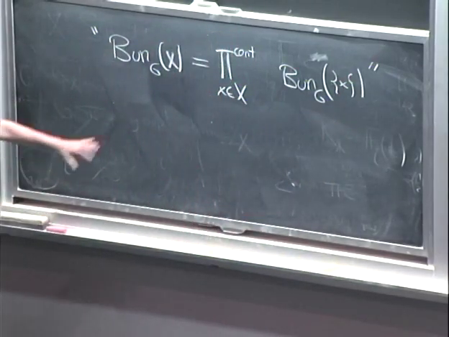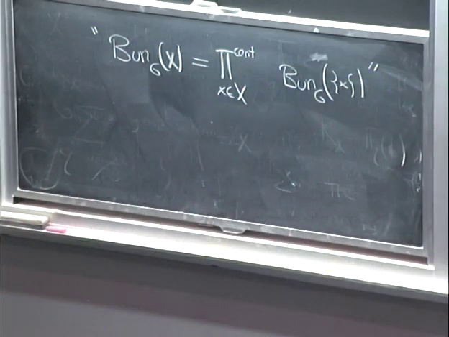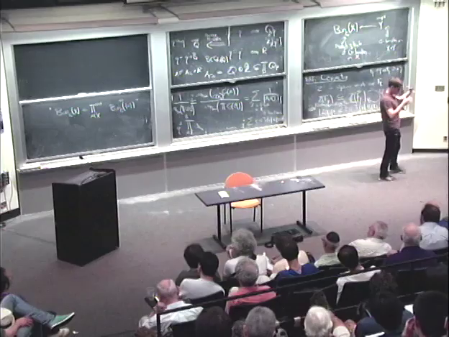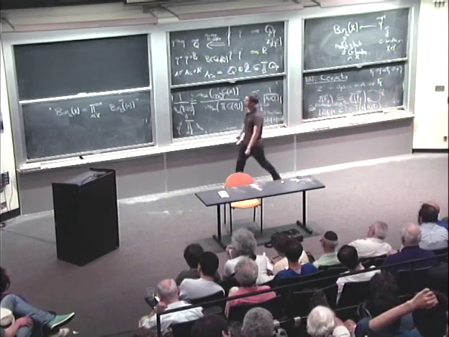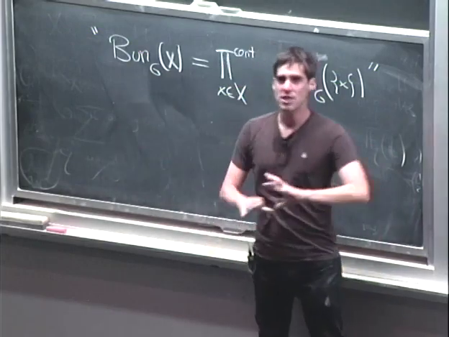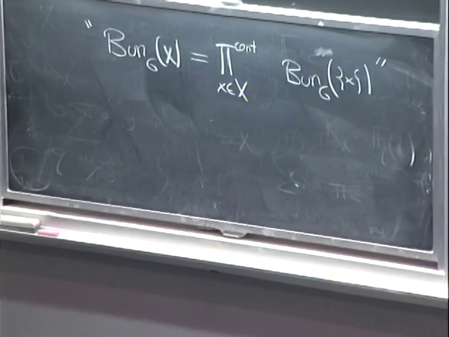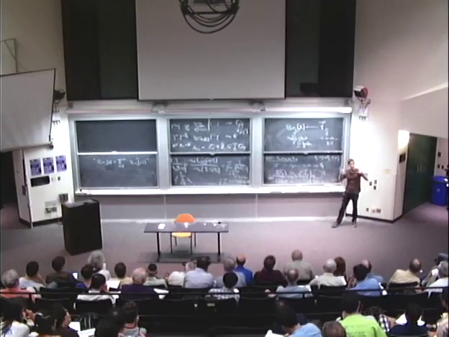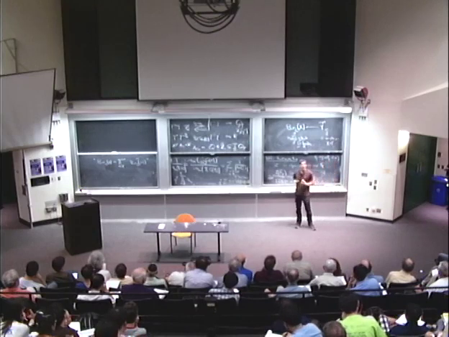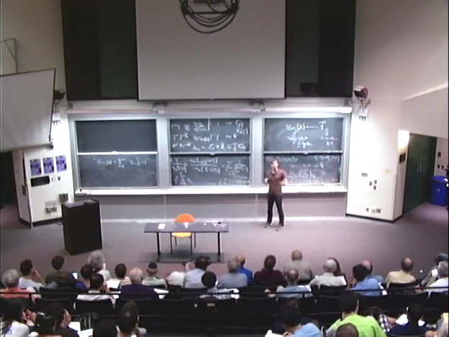So suppose that instead of being some kind of continuous infinite product, we just had an ordinary product decomposition with two factors. Well, then the homology of Bun GX would just factor as the tensor product of the homologies of those two factors by the Kunneth formula. And then if you wanted to compute the trace of Frobenius on the homology of Bun G, you would just have to compute the trace of Frobenius on the individual factors and multiply them together.